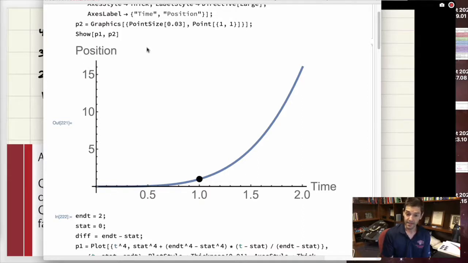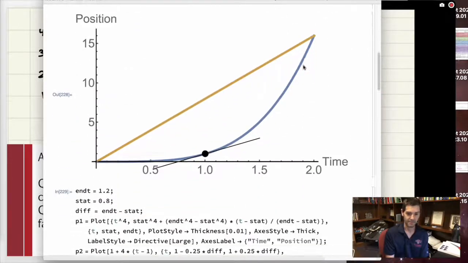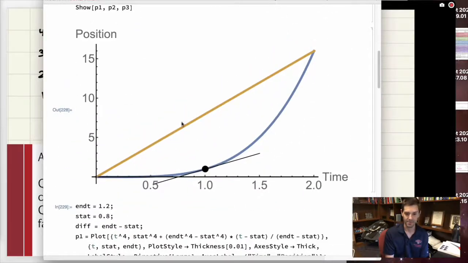One way I could do this is I could use my start and end points as t equals 0 way over here and t equals 2 way out here, and calculate an average velocity from that. And you might get something that looks like this. If I were to connect those two endpoints by a straight line, that straight line is an approximation to how my position is changing over the course of those 2 minutes, while the blue curve is what actually happened.